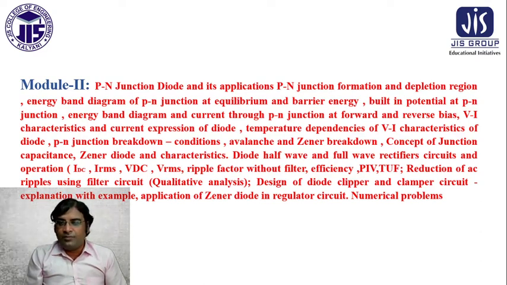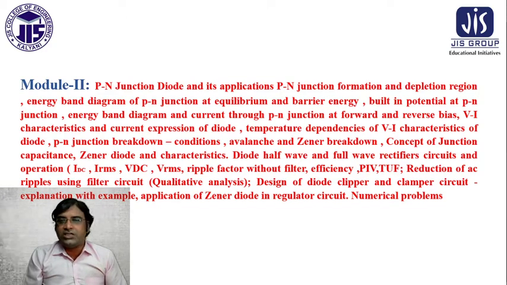Diode half wave and full wave rectifier circuits and operations, IDC, IRMS, VDC, VRMS, ripple factor without filter, efficiency, PIV, TUF, reduction of AC ripple using filter circuits, quantitative analysis, design of diode clipper and clamper circuits, and explanations with examples of applications of the Zener diode in regulator circuits, with numerical problems. These are all the things we want to cover in this particular module.